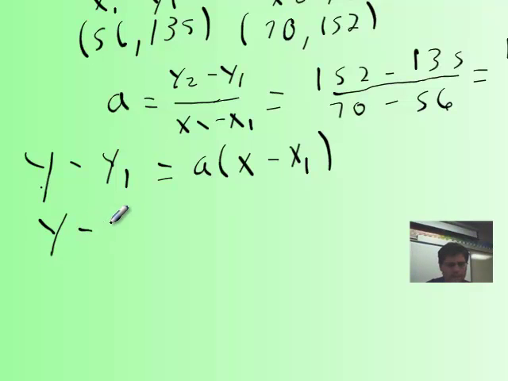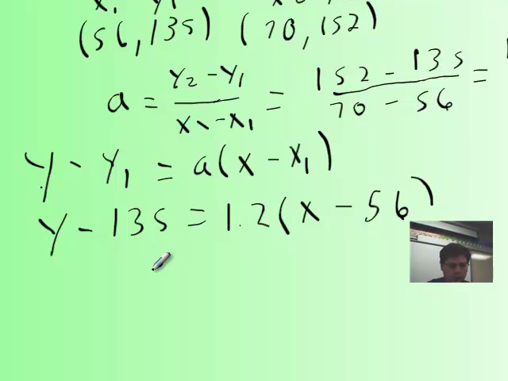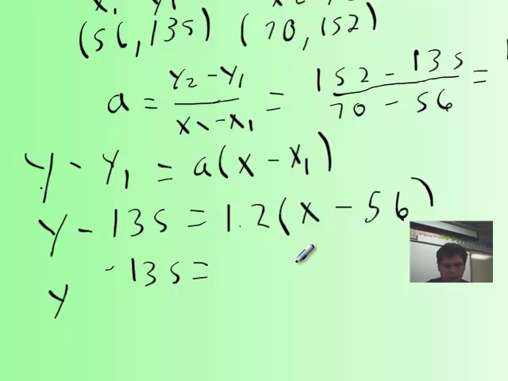So y minus 135 is equal to 1.2 times x minus 56. I'll distribute the 1.2. 1.2x minus 67.2.